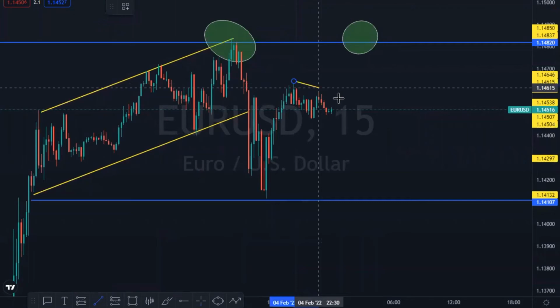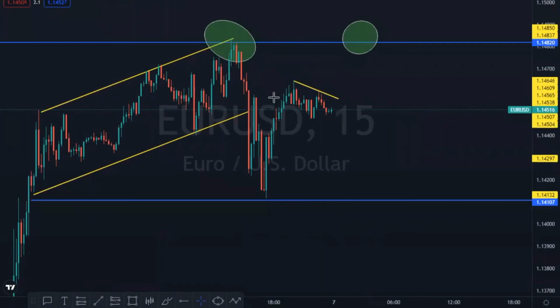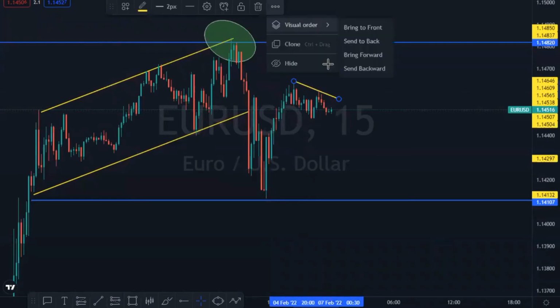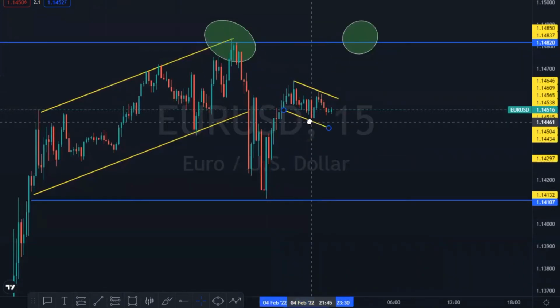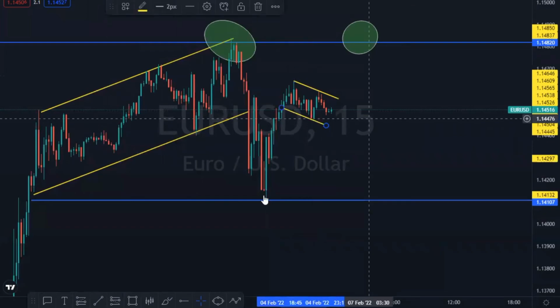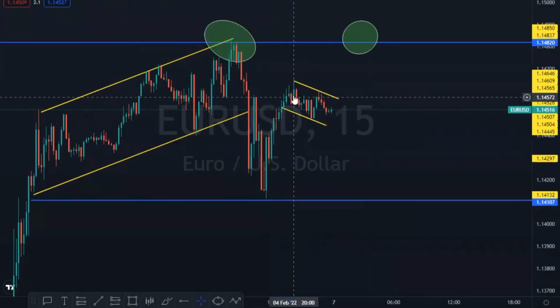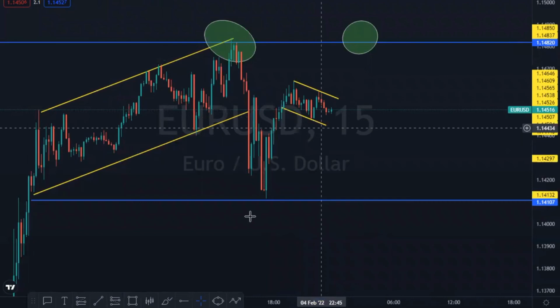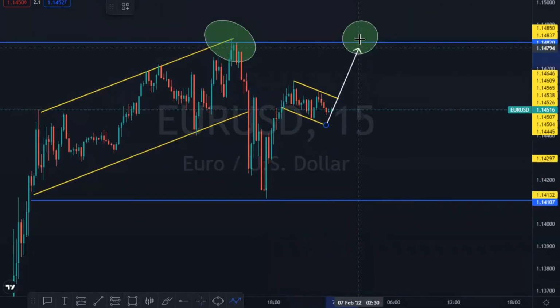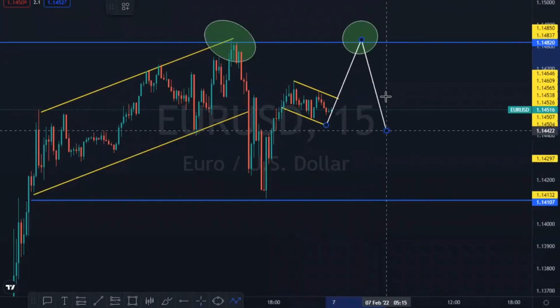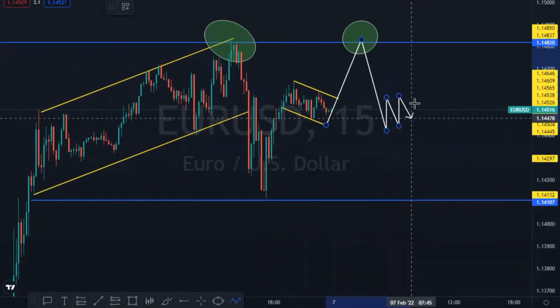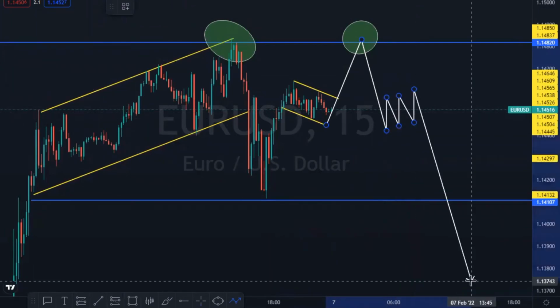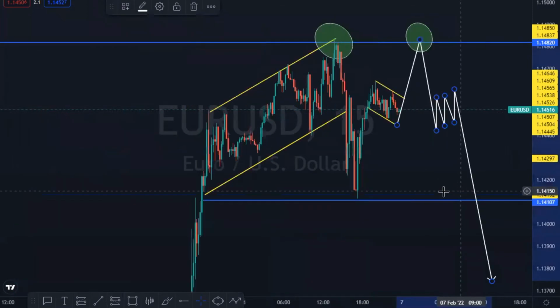This being our correction, meaning this was our first impulse and correction, then we might see that impulse to the top, giving us a double top. Then we can see something similar like this, pushing to the downside.